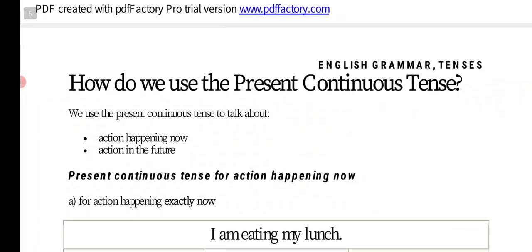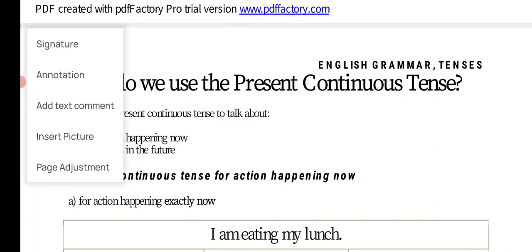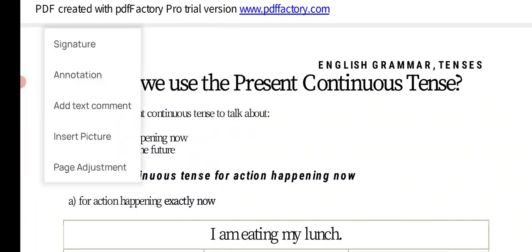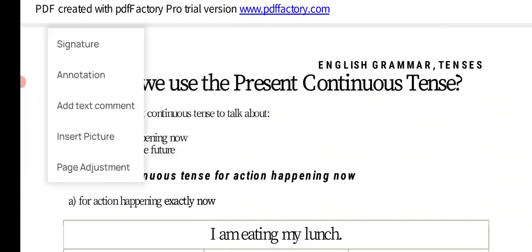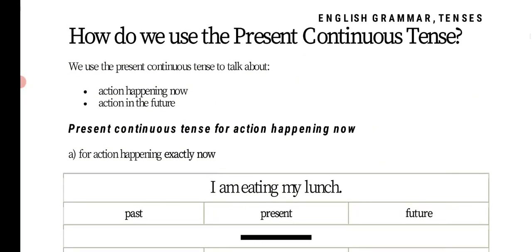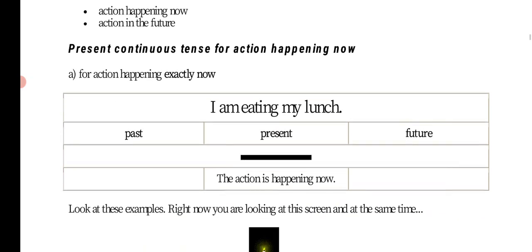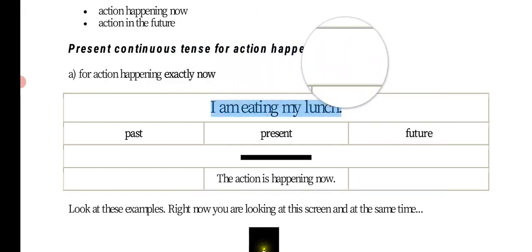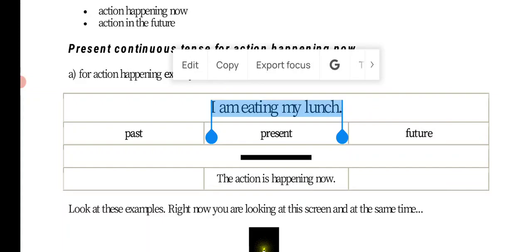So we use present continuous tense to talk about action happening now, or action in the future. Let's find out when and where. I am eating my lunch. It talks about an action which is happening now. I is the subject, am is the helping verb, auxiliary verb, eating is eat plus ing form, and my lunch is the object.